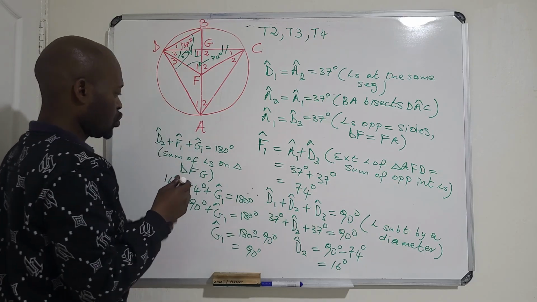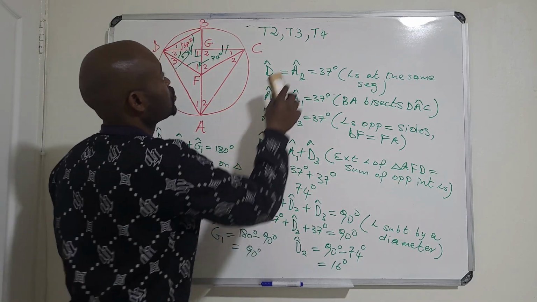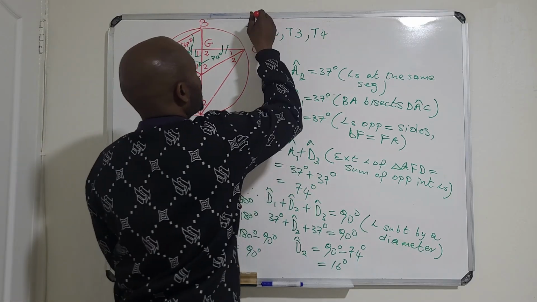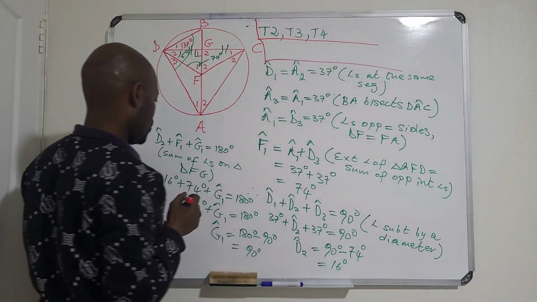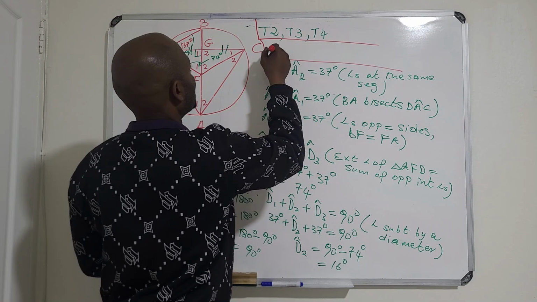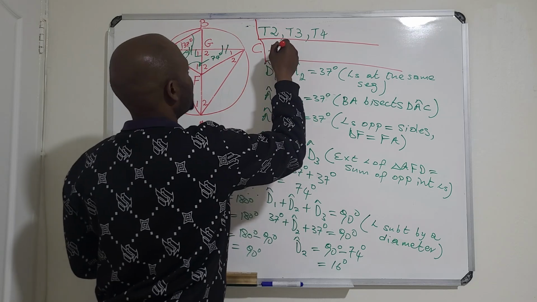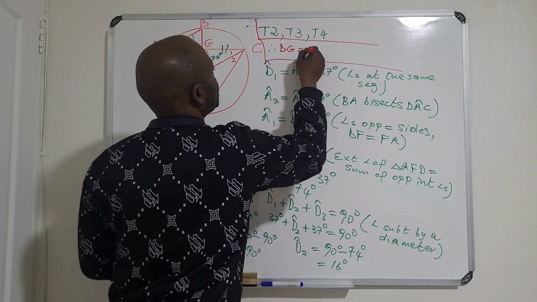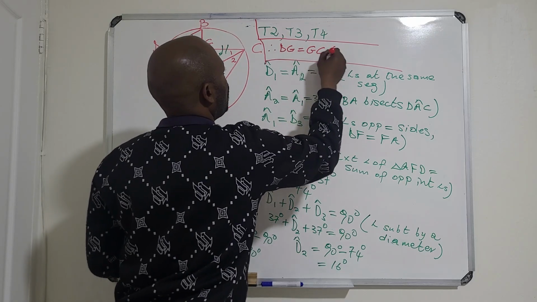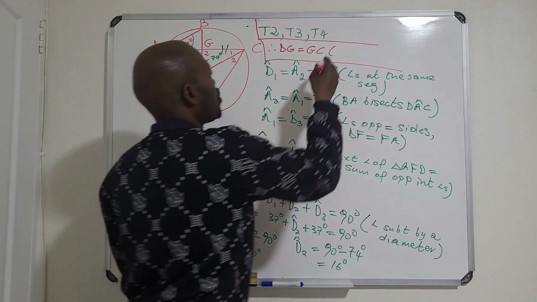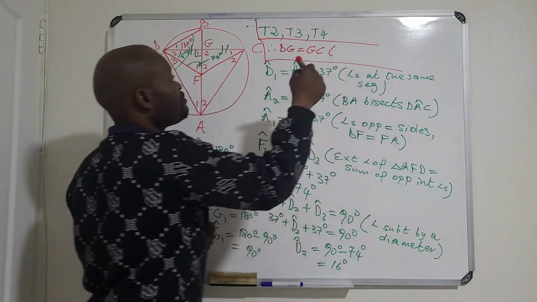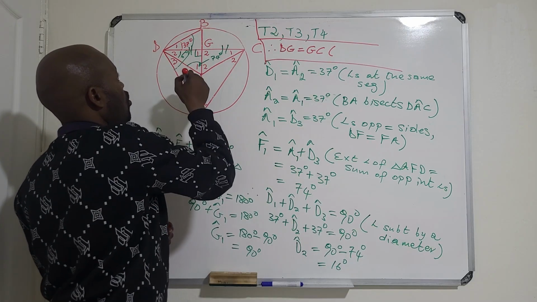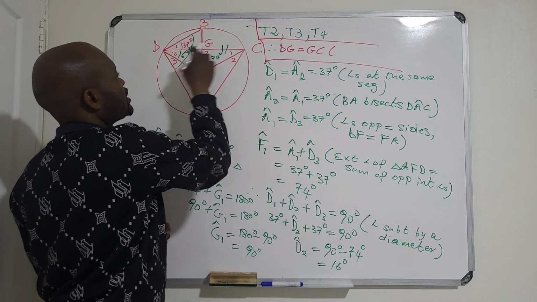Therefore we can conclude that DG is equals to GC. Why is that? It is because the converse of theorem number 1, where it says if a line is drawn perpendicular to the chord, then this line bisects the chord.